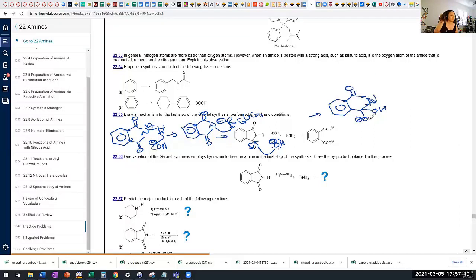And so as this comes down, this can kick this out. Probably because this is basic, one thing it could do is that maybe it can take away this proton while this is happening.